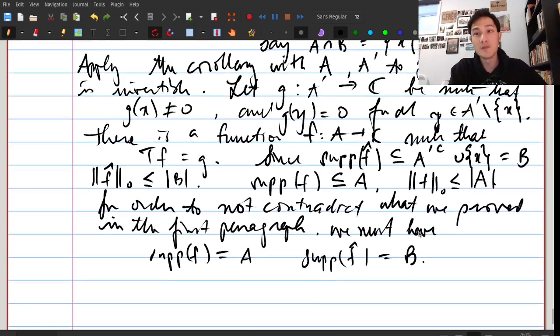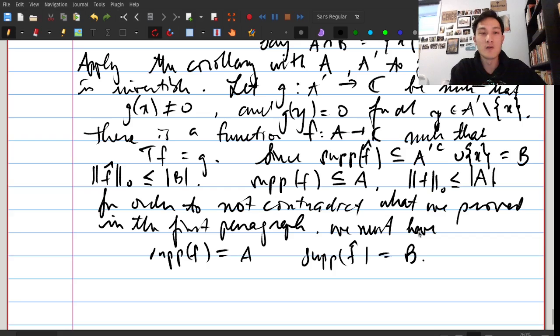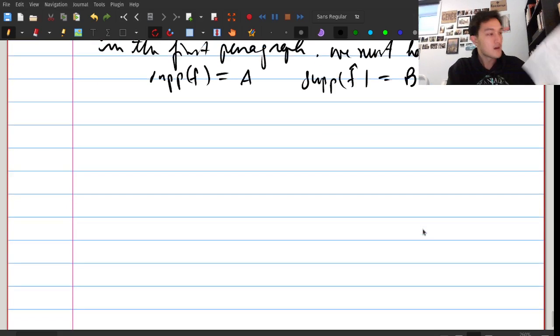In the case we don't have equality, we're going to just apply this over and over again. And we'll see how that is done right now.